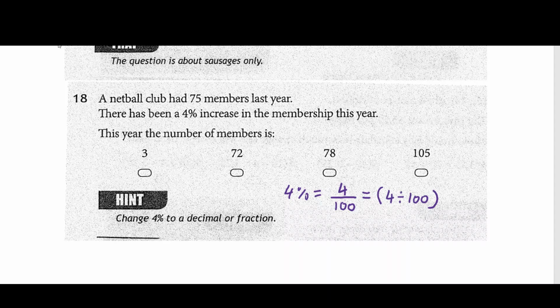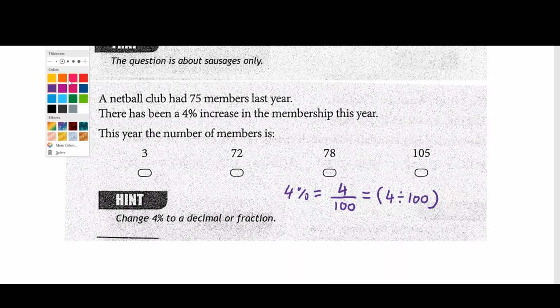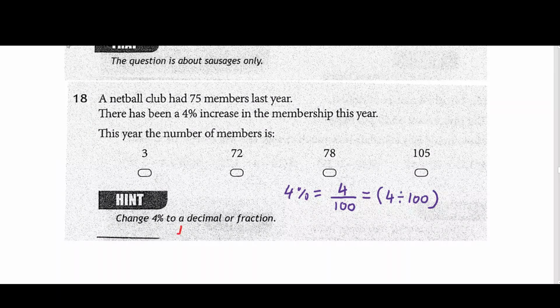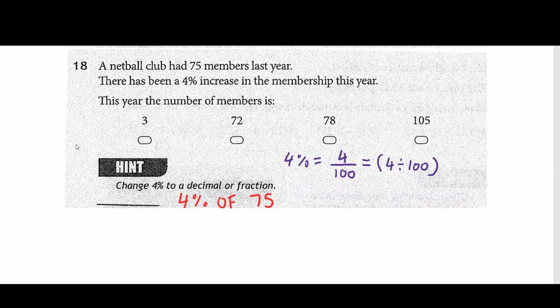Now, there's been a 4% increase in membership this year. So, first off, what you need to do is find 4% of 75. Here's how we figure that out. 4% is 4 divided by 100.